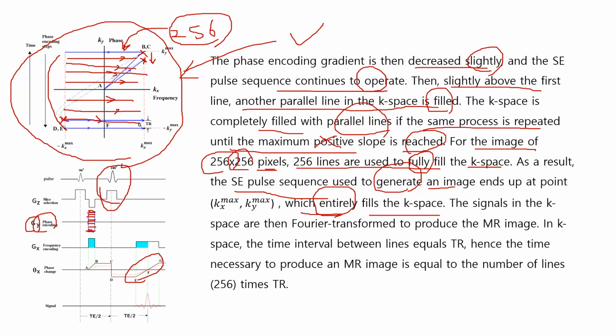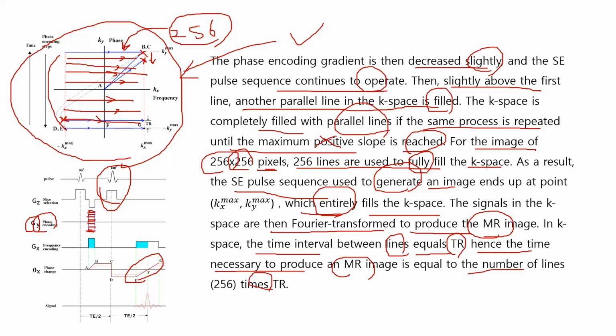The signals in the K-space are then Fourier transformed to produce the MR image. In K-space, the time interval between lines equals TR. Hence, the time necessary to produce an MR image is equal to the number of lines times TR.